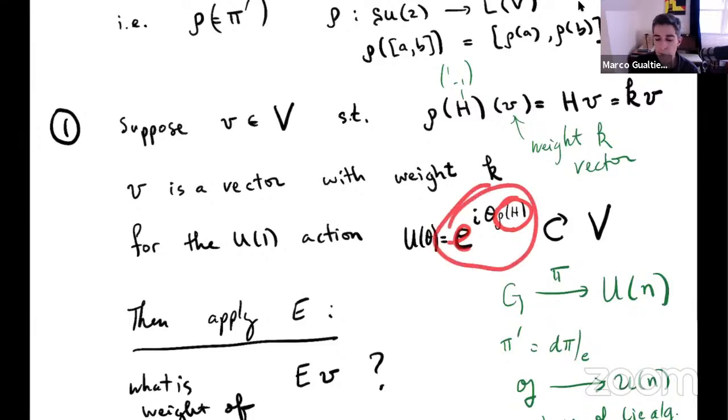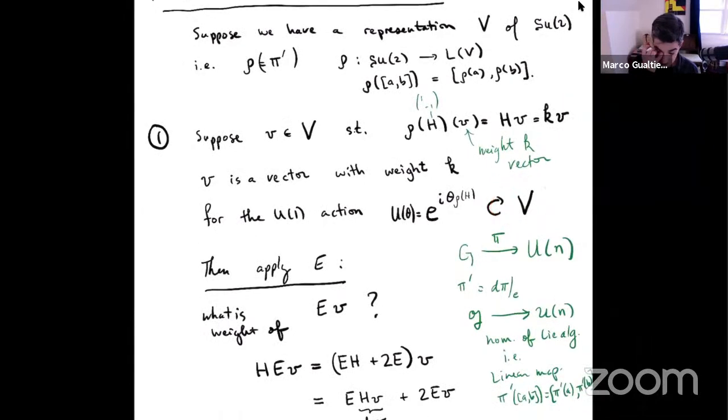Exponentiate it, and this gives a unitary matrix on V, and that will give a representation of the circle.